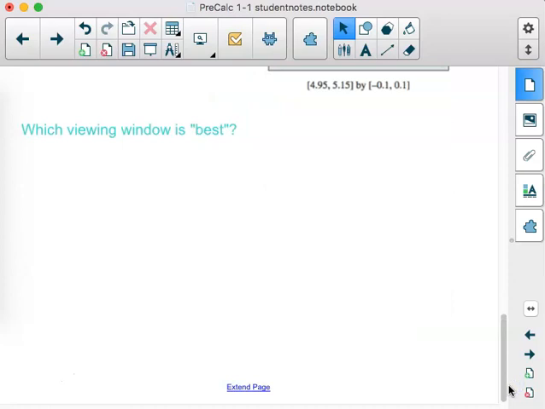So the main question here down at the bottom, I don't know if that one even shows up in your packet, is which viewing window is best? And the answer to that is we had more than one viewing window that was best. It depended on what we needed. So there may be more than one.